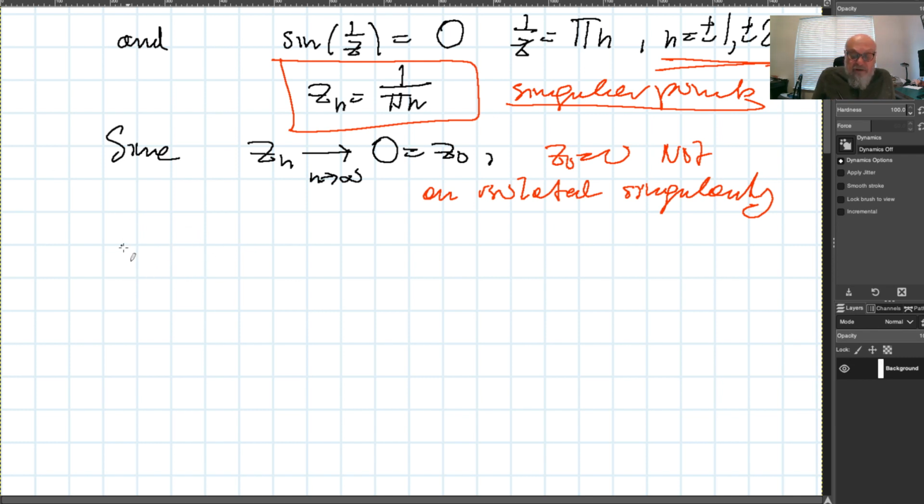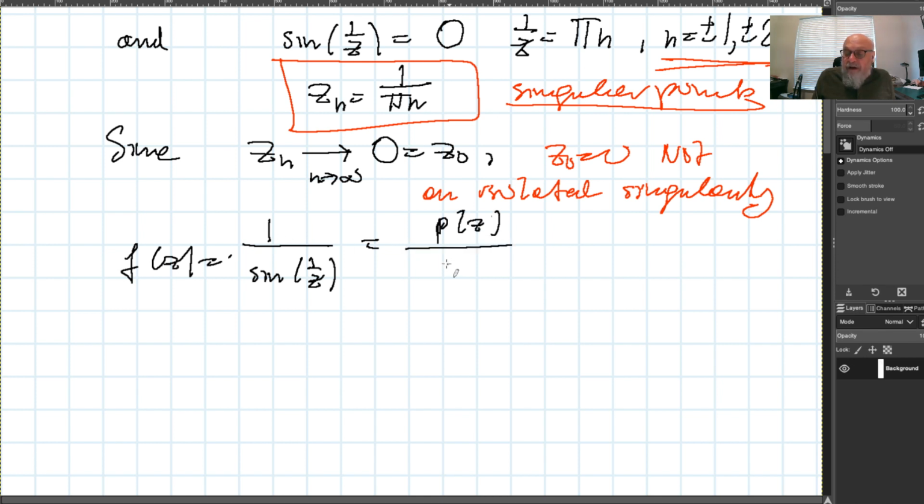Let me put it like this: f of z is equal to 1 divided by sine of 1 over z. So this is my function, so p of z is just simply 1, and q of z is sine of 1 over z. And now let's compute the derivative of this.